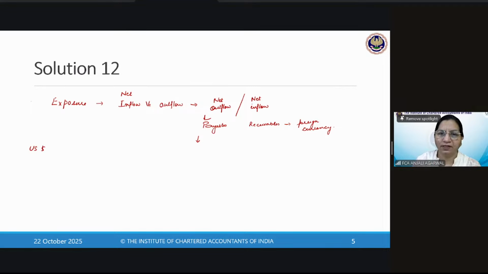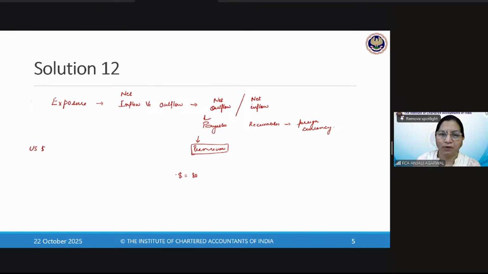If the exposure is payables, an outflow, we are a little fearful that the USD may increase. So the fear is that the currency should not be at a premium if it is payables, because that will create a loss for us.